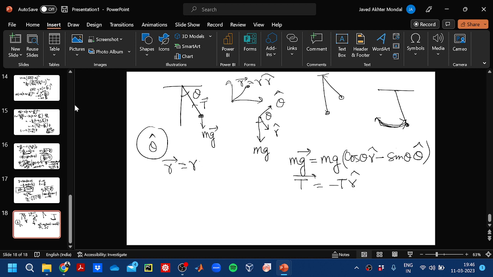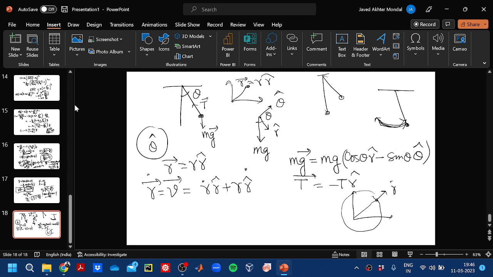If we take its derivative, that means the velocity in polar coordinates will look like r dot r cap plus r r cap dot. These are the unit vectors that will change with time. Why is that so? Because if any object is moving in a circle, then at this point its r cap will be in this direction and theta cap suppose is in this direction.